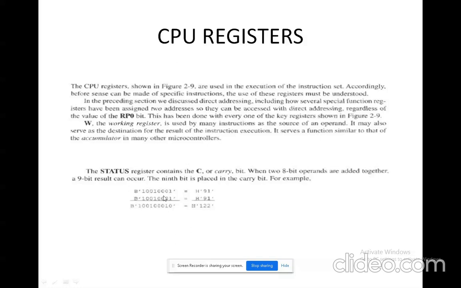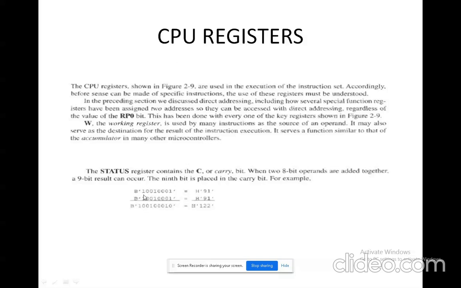Finally we will be getting the carry bit here. So two 8-bit numbers are added, but you will have the result with 9 bits. That ninth bit is the carry bit.